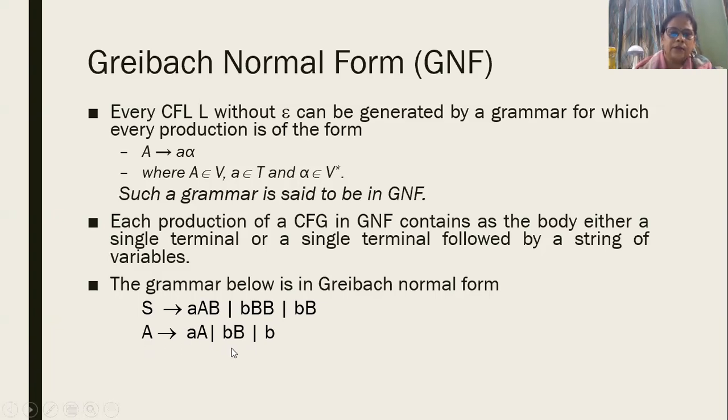Again, here also, every production has a single terminal followed by a string of variables. And in this last production, there is no variable. See, because alpha belongs to V star, and V star, as we already know, includes the null string. So this grammar is now in Greibach normal form.